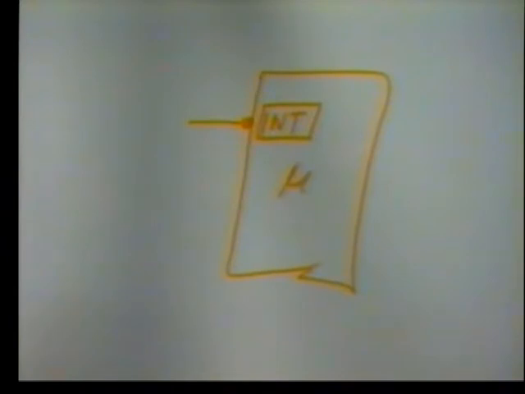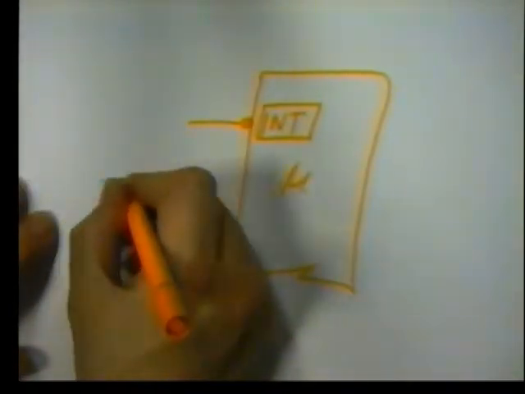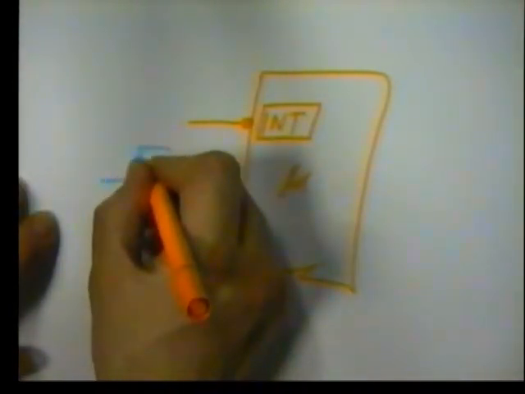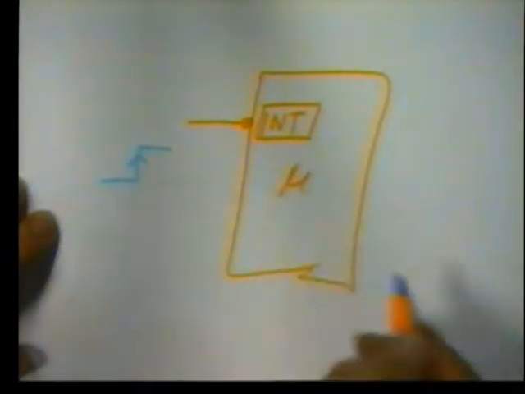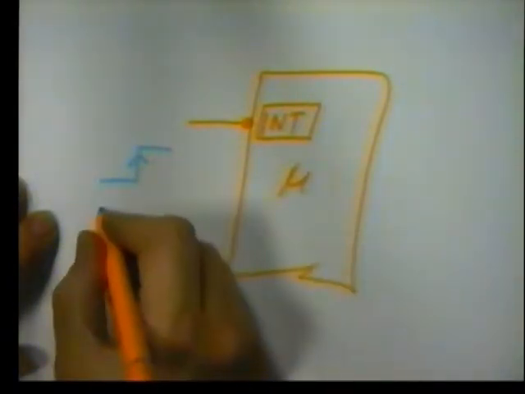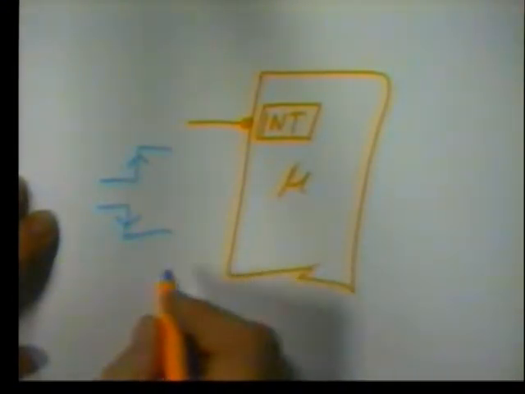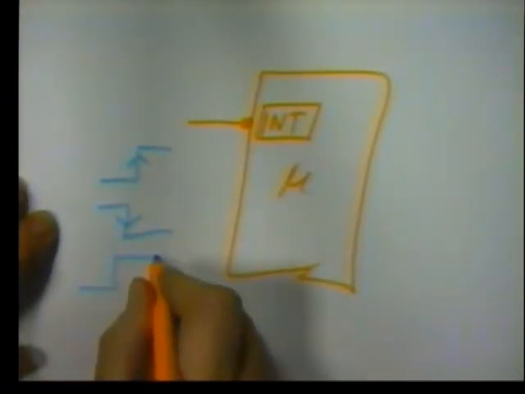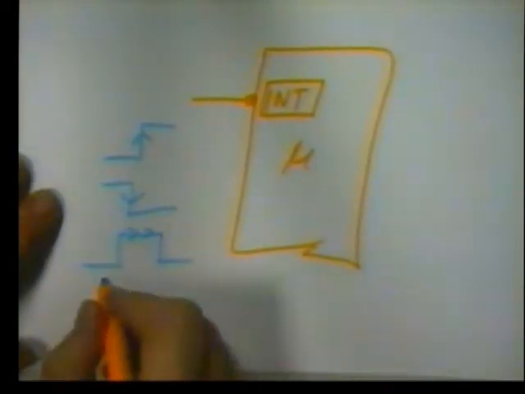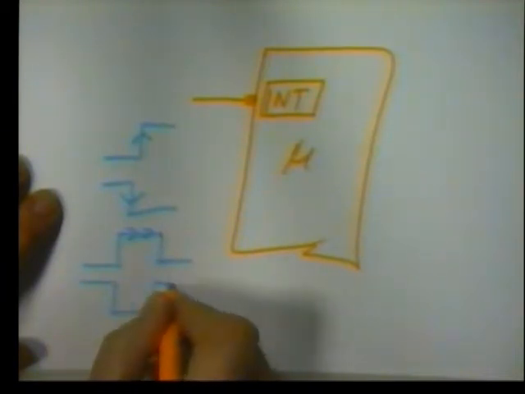Now I'll show you how those work in a minute, but let's discuss how the hardware works. The interrupt pin can be set to be rising edge sensitive, or it may be falling edge sensitive, or it may be level sensitive. That is, whenever it's high, it issues an interrupt, or whenever it's low.